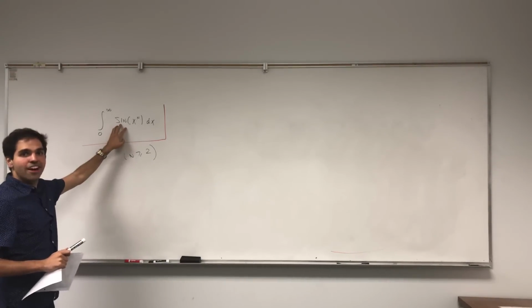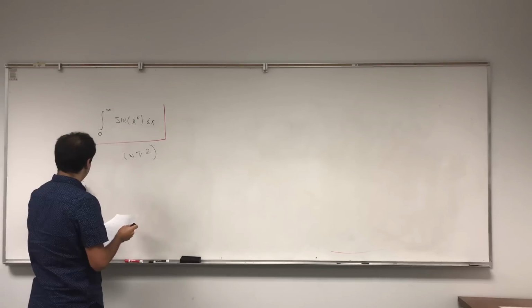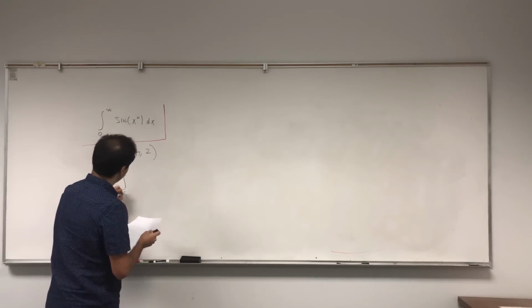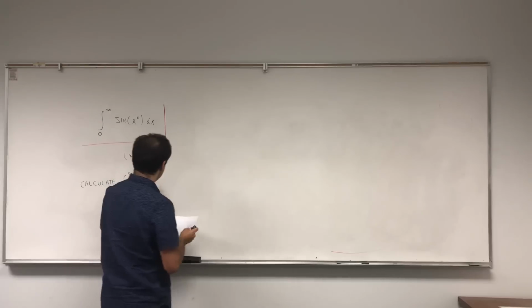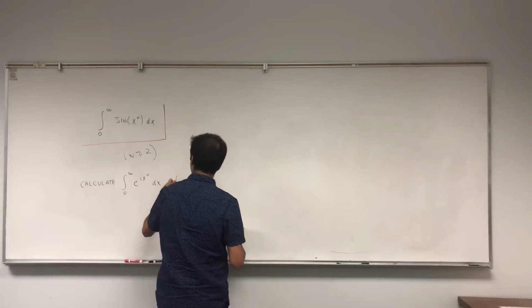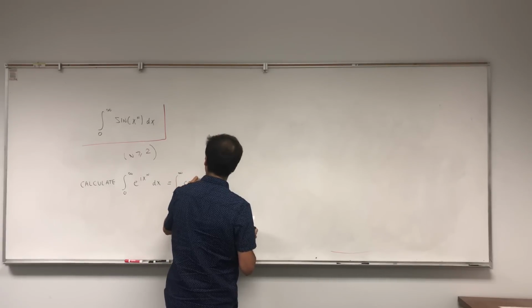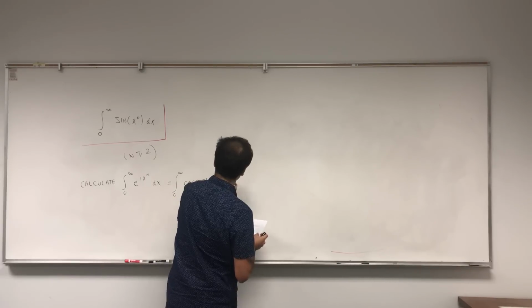Instead of dealing with sine, let's deal with complex exponentials. So, calculate the integral from 0 to infinity of e to the i x to the n dx, which if you like is the integral from 0 to infinity of cosine of x to the n plus i sine of x to the n dx.